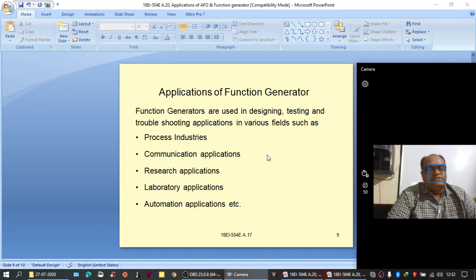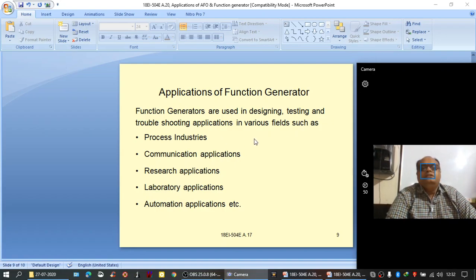Those two signals, the reference input and the feedback signal, are compared, and appropriate corrective action is taken based on the difference between those two signals.